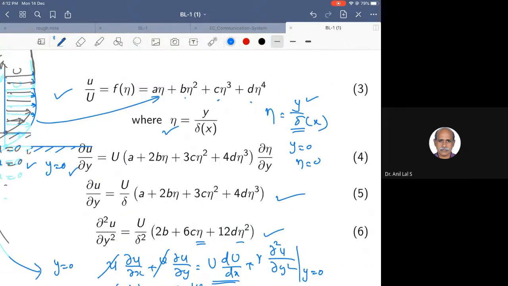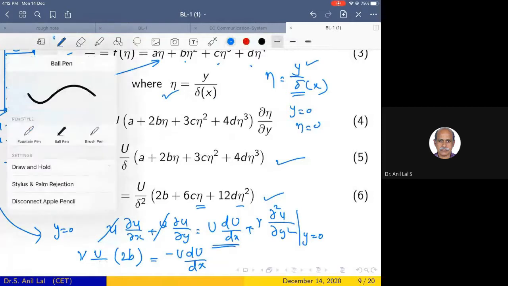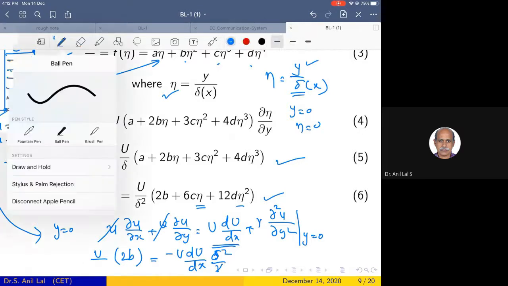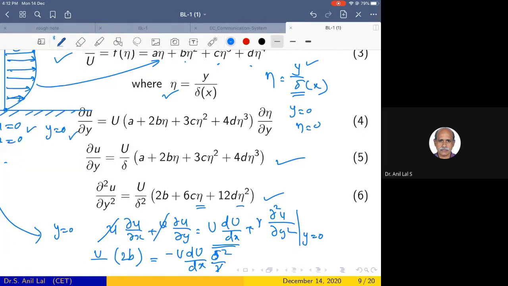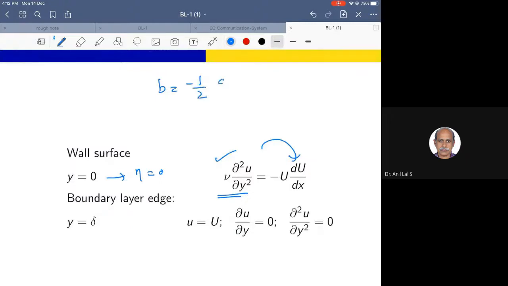Delta squared is taken to the numerator and nu to the denominator, and this U and this U cancel, so we get B is equal to minus 1 by 2 delta squared by nu into dU by dx.